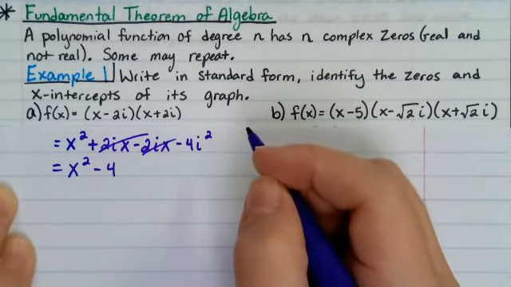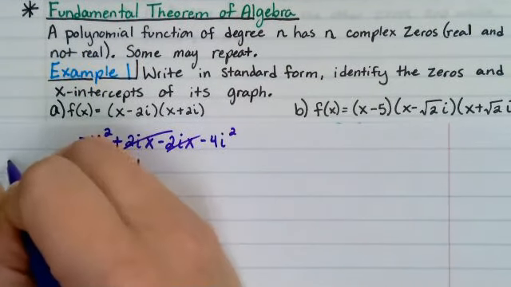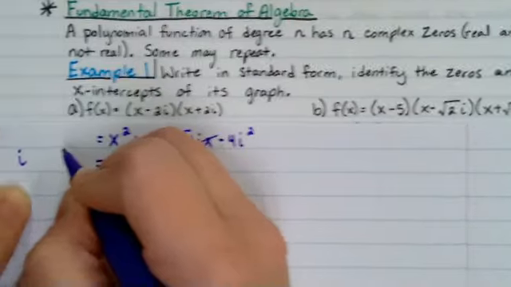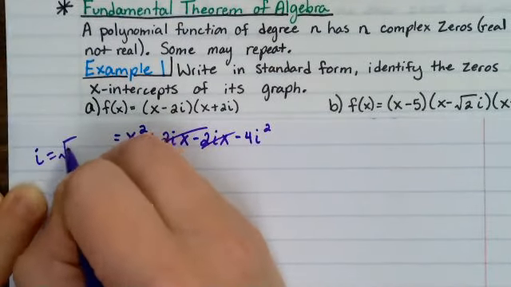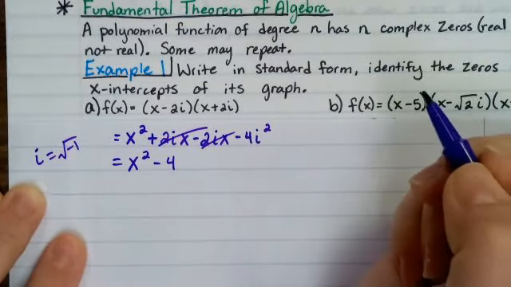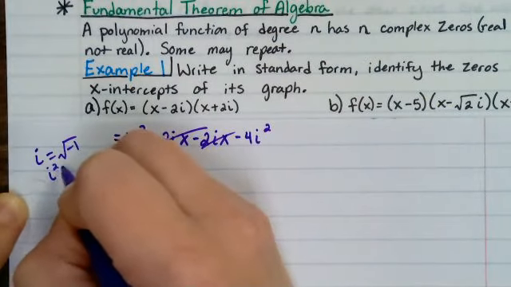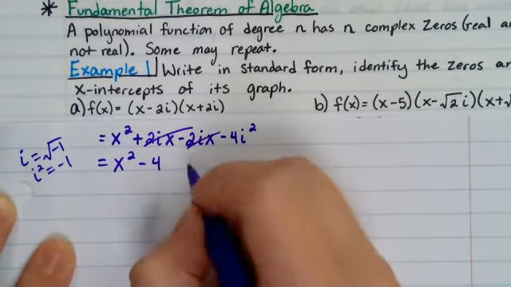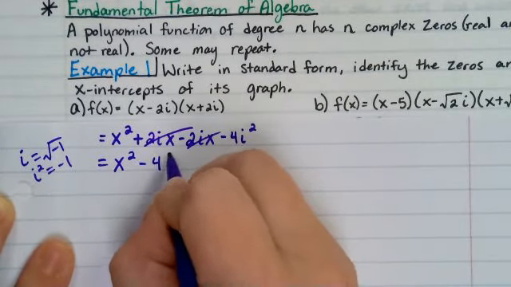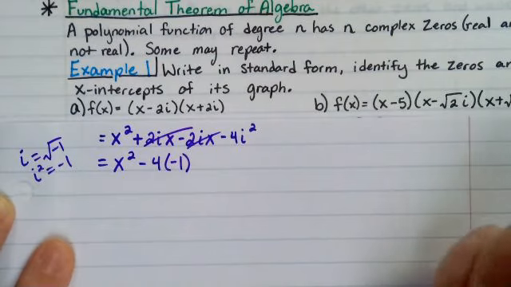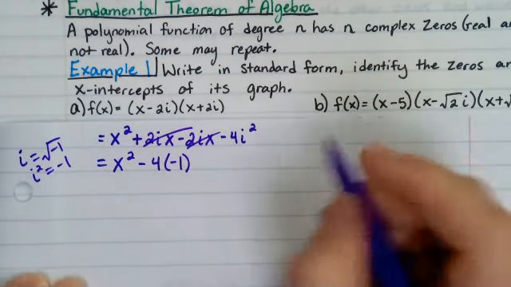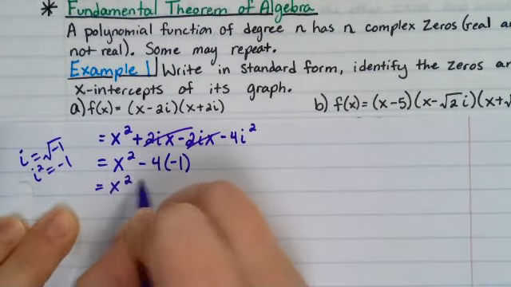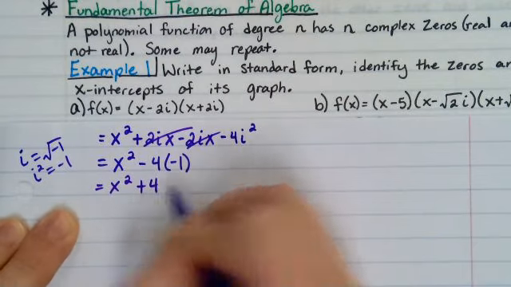If you recall from Algebra 2, i is the same thing as the square root of negative 1. So if you square that, you just get negative 1. So we have really a negative 4 times a negative 1 because that's times the i squared. And so that really cleans up to be x squared plus 4.